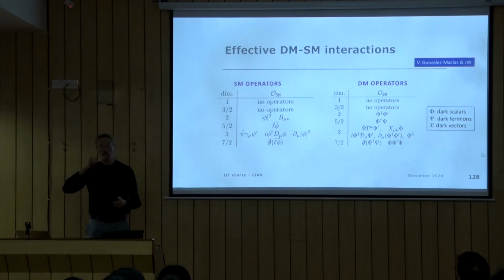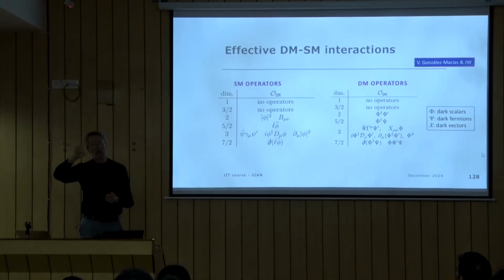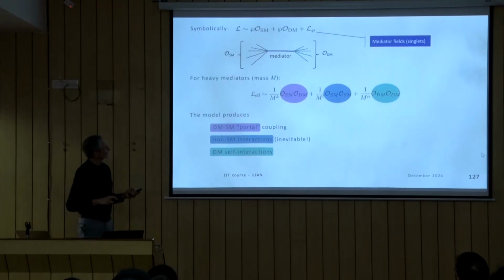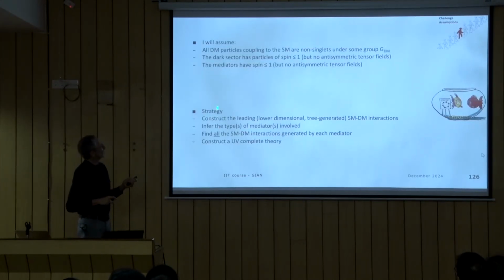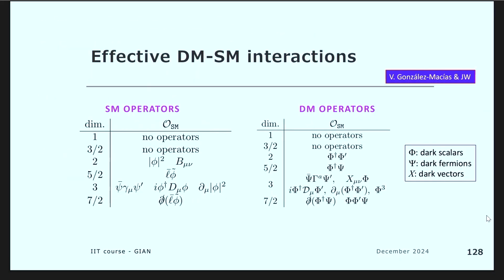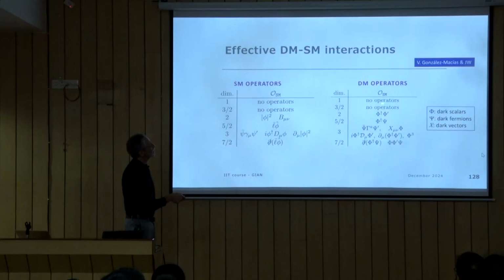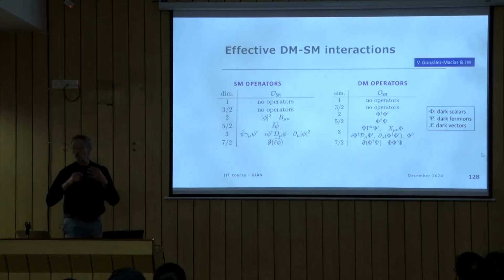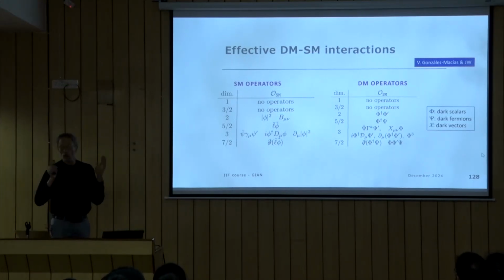The dimension 1 operator is one scalar, but that scalar, because of this assumption, transforms non-trivially under this G_DM. I've required that the operators O_DM, as you can see here, I have yet another typo, this would be O_DM, are required to be singlets under this symmetry of the dark sector, whatever it is.